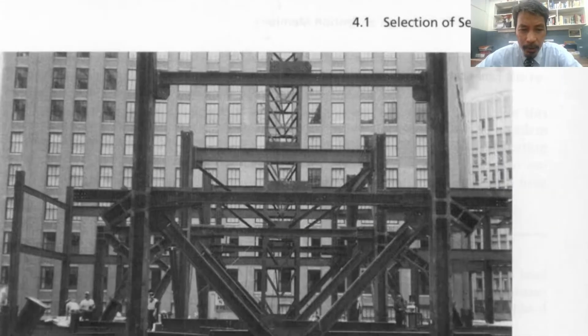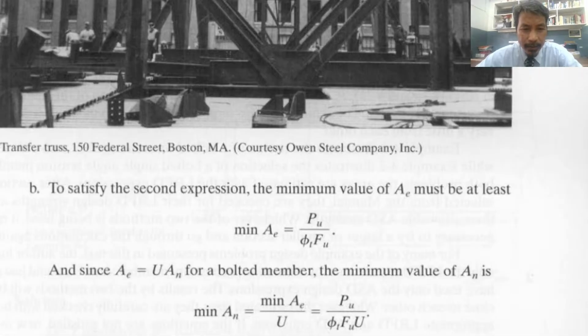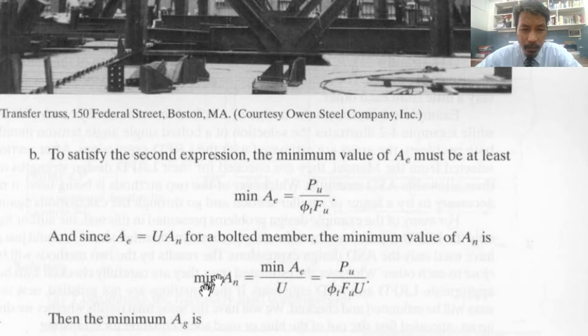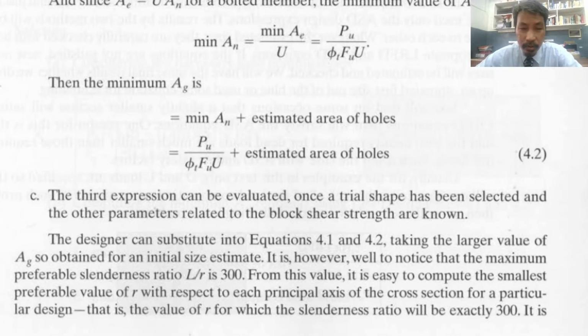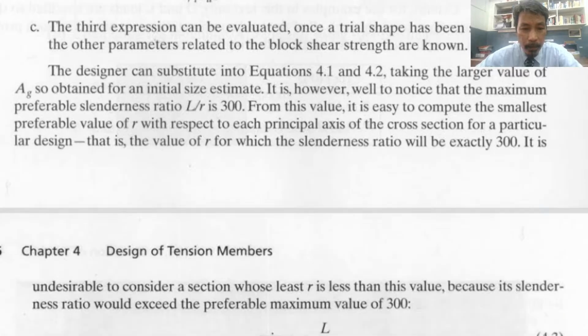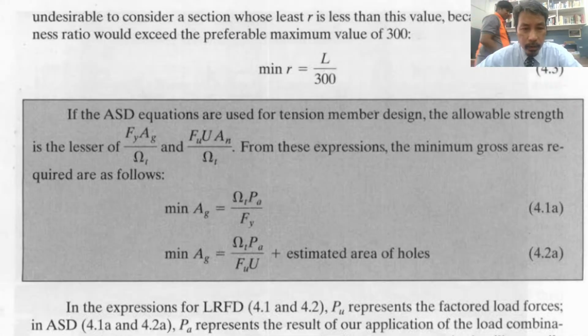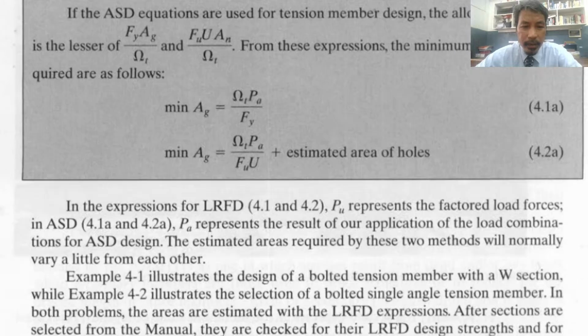So let us move on faster. So we have what? Minimum, so that we have the dimension with minimum capability. Right? So same is true with ASD. So LRFD, ASD, it is just the same.